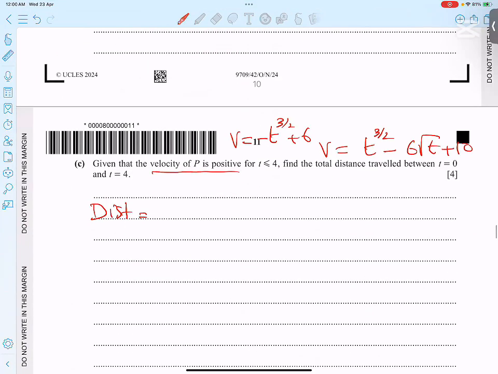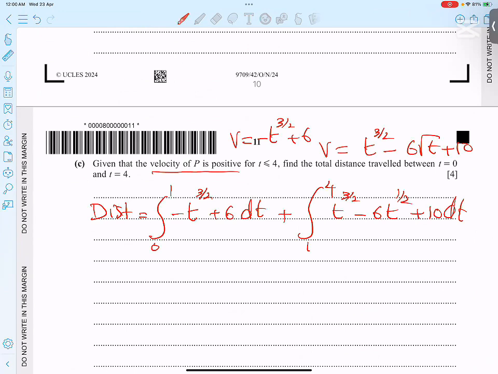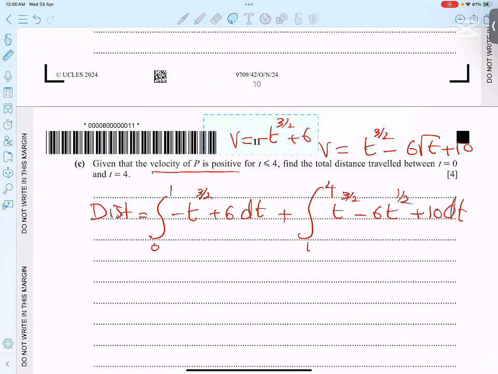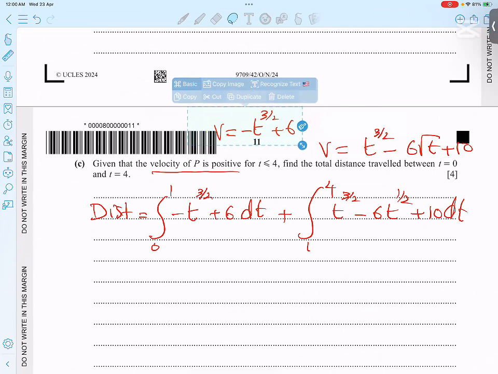So let's go for the first one: integral from 0 to 1 of negative t to the power 3 by 2 plus 6 dt, plus integral from 1 to 4 of t to the power 3 by 2 minus 6 t to the power root, or half, same meaning. I hope the point is very clear, and we have two expressions already available.